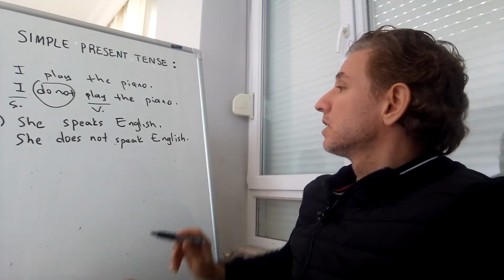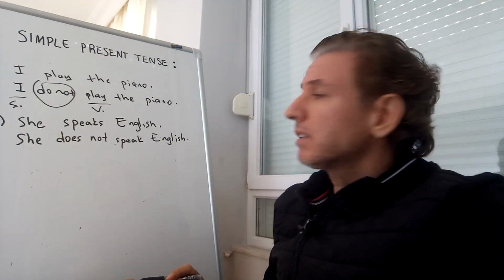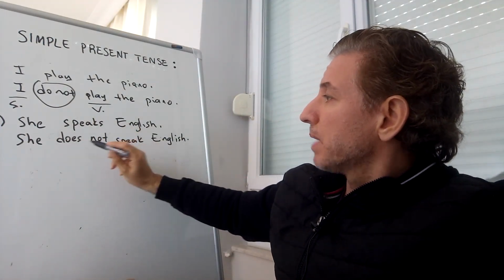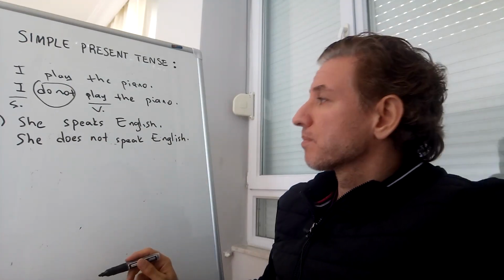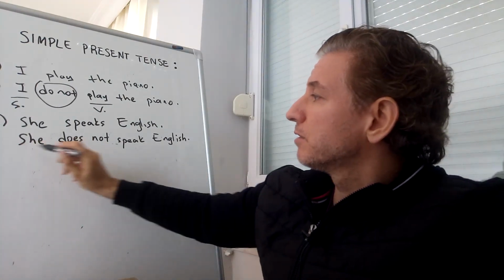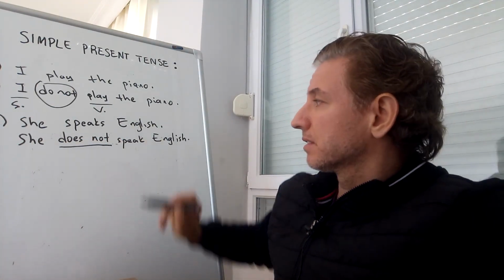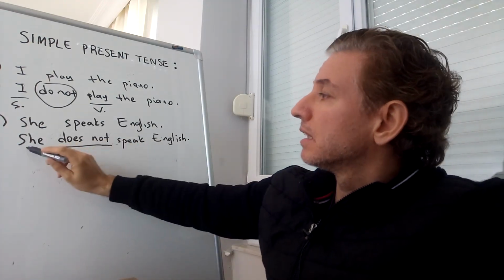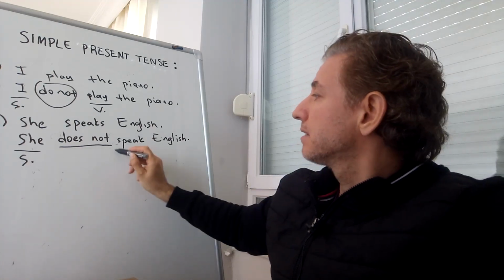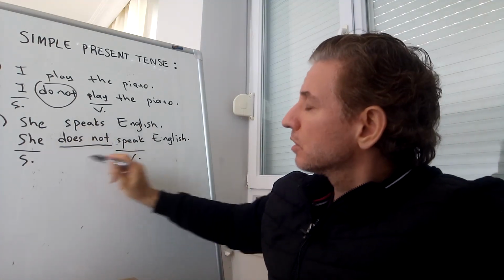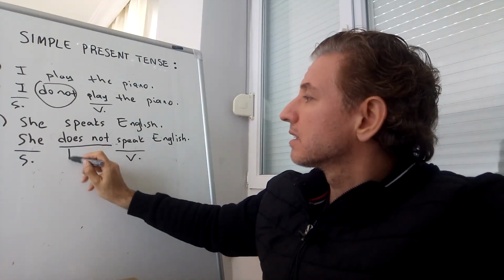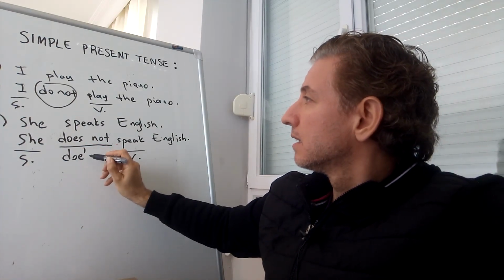She does not speak English. So what is the difference between these sentences? She speaks, but she doesn't speak English. In a negative sentence, we use does not between the subject and the verb. You can write in short form doesn't, okay?